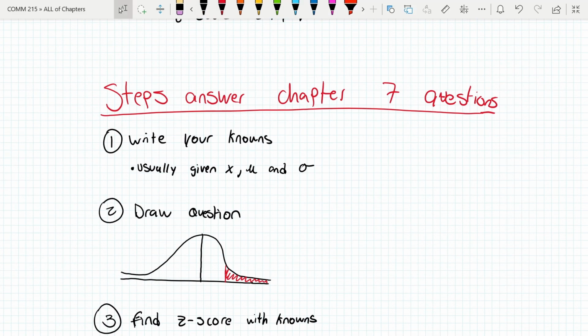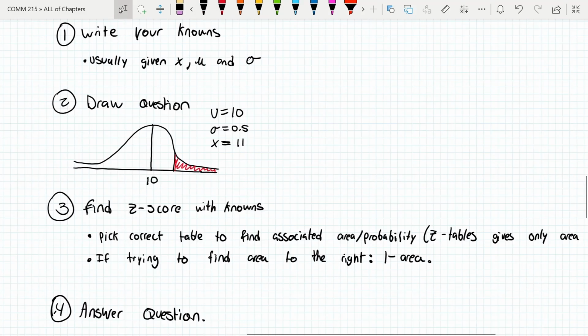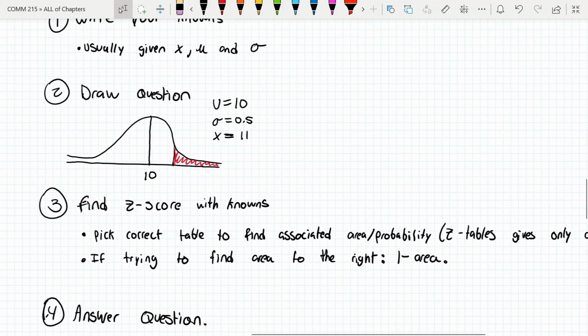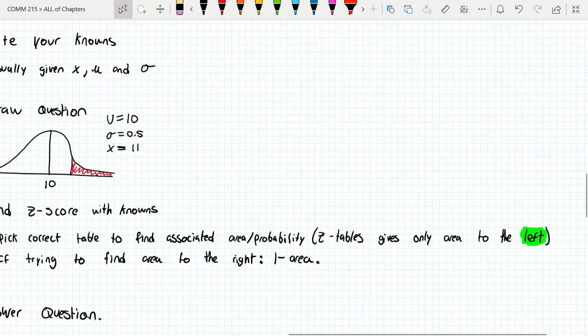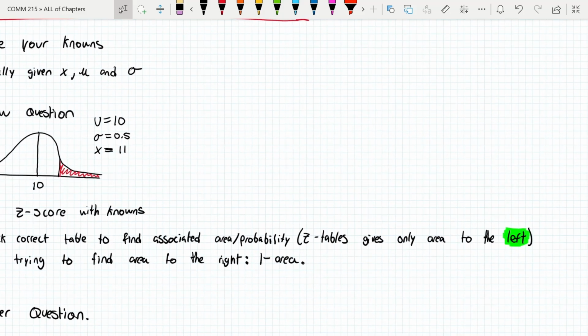The second thing I like to do is to draw my question. The third step is to find your z-score with the knowns. Like I said, that's what I was trying to explain before. Once you find that, you want to pick your correct table to find the associated area or probability. These two words mean the exact same thing. And just be careful, like I said before, Z tables give only the area to the left.